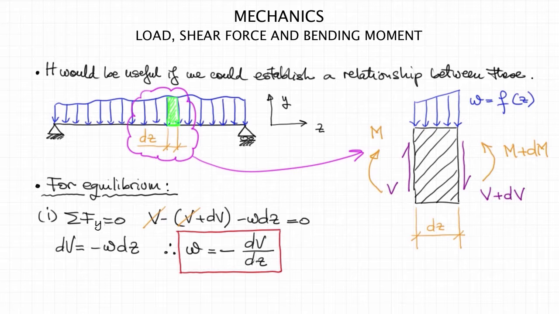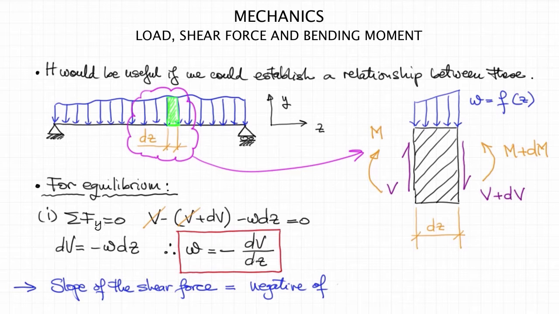So a very important relationship which tells us that, if you remember some of the properties of the derivative, the slope of the shear force equals the negative of the distributed load. So if the distributed load is positive, if the distributed load is above the beam, that's a positive distributed load, then the slope of the shear force will be negative.